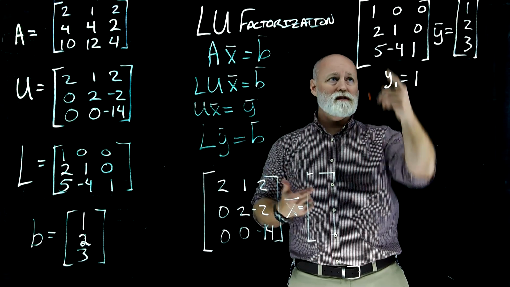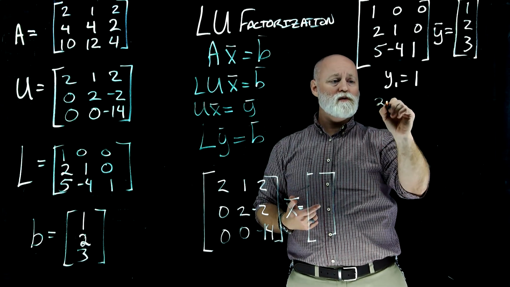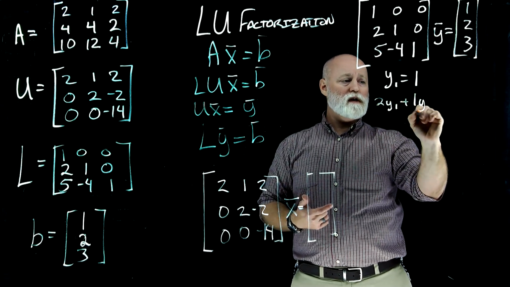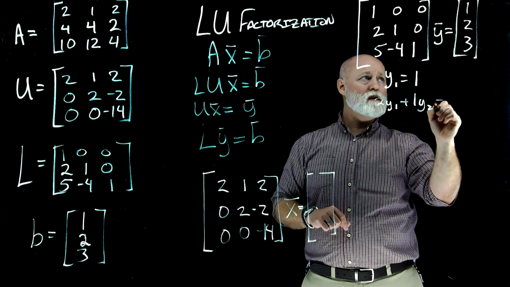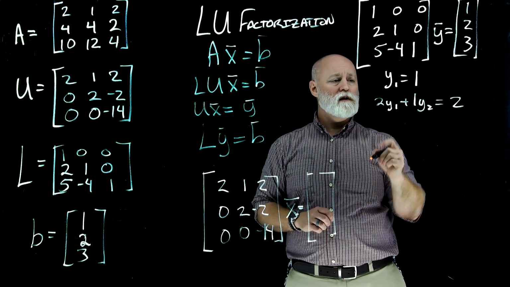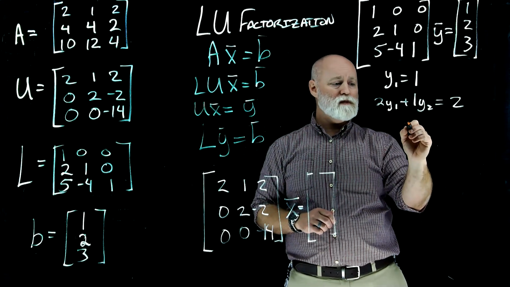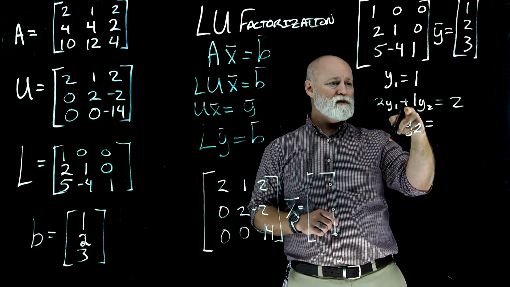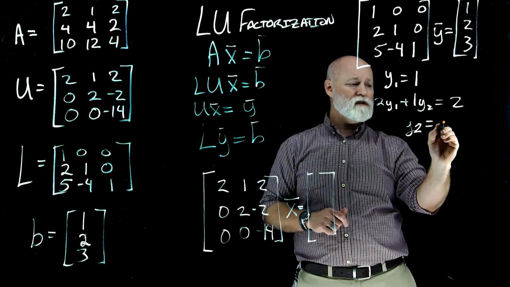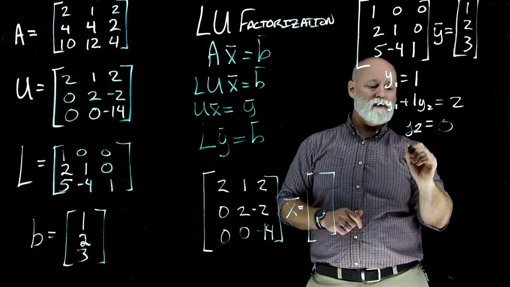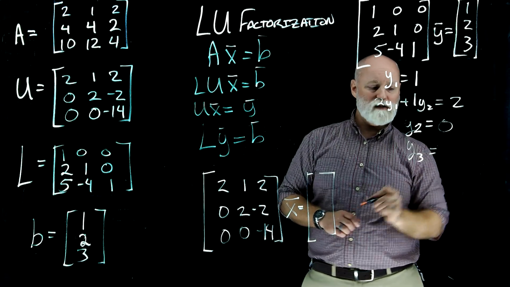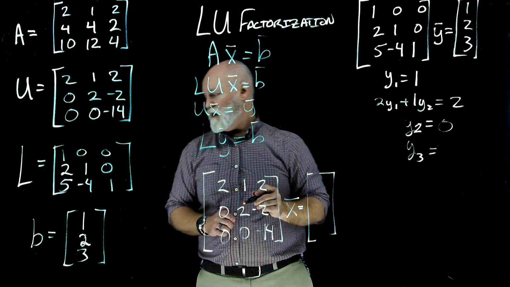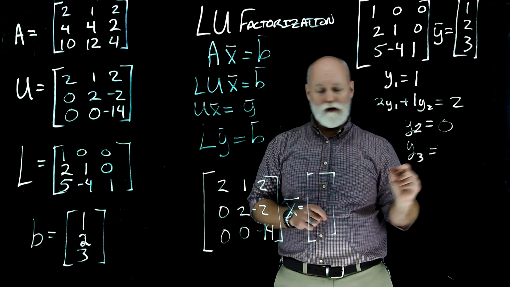We do a similar process for the next one, which in this case would be 2Y1 plus 1Y2 plus 0Y3 equals 2. You have the value for Y1, so stick the 1 in there, that's 2 times 1, which gives us 2, subtract from the other side, which means that Y2 is 0. And then we could do a similar process to find that Y3 ends up being negative 2.